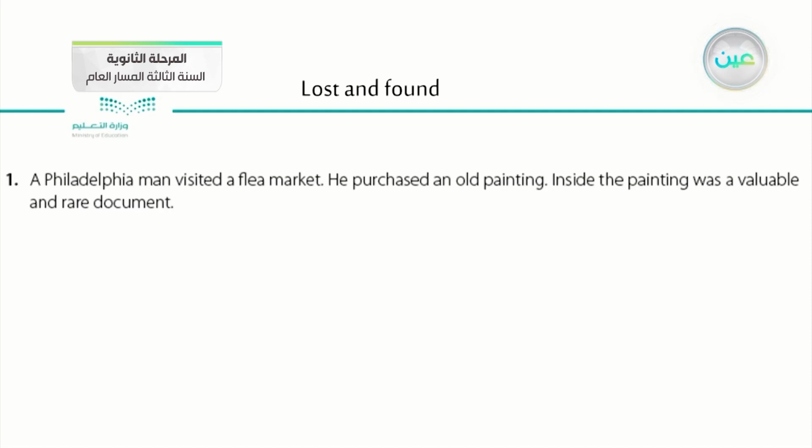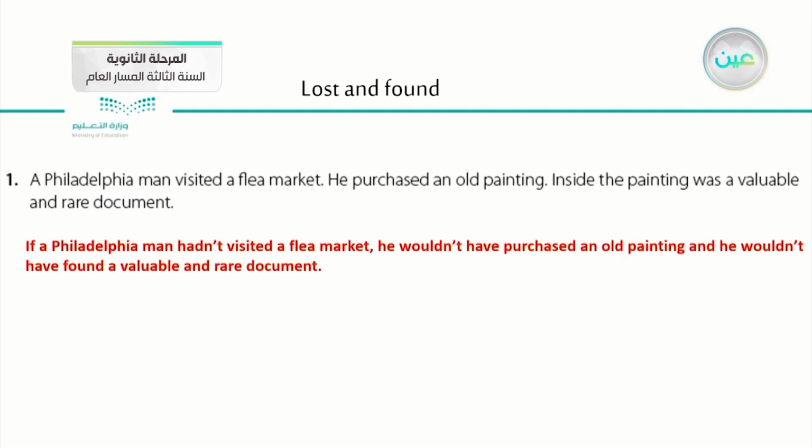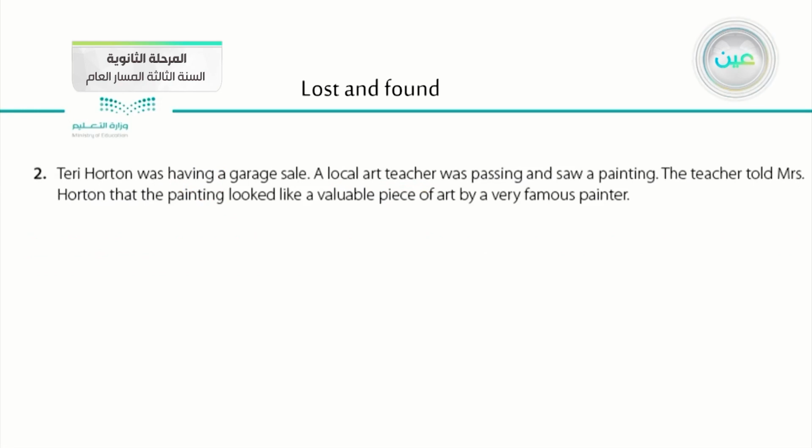We say if a Philadelphia man hadn't visited a flea market, he purchased, right? So it will be he wouldn't have purchased an old painting and he wouldn't have found a valuable and rare document. Okay, we will do the same with this sentence.